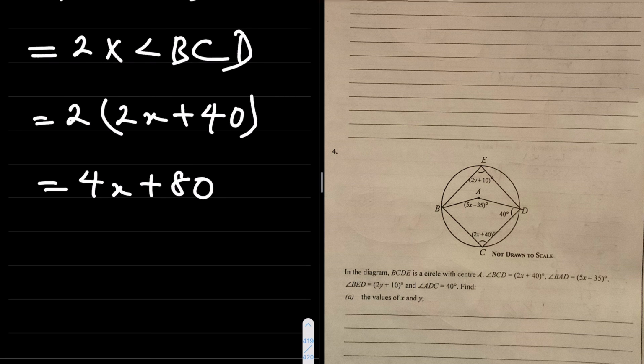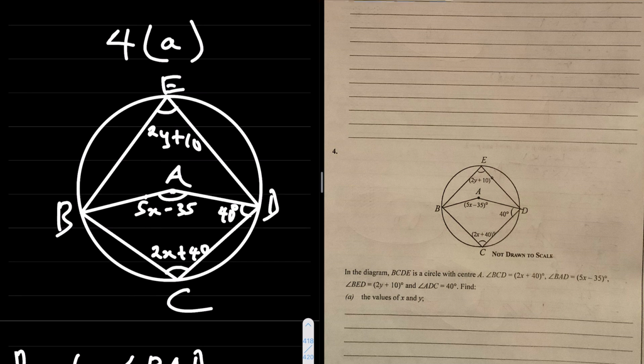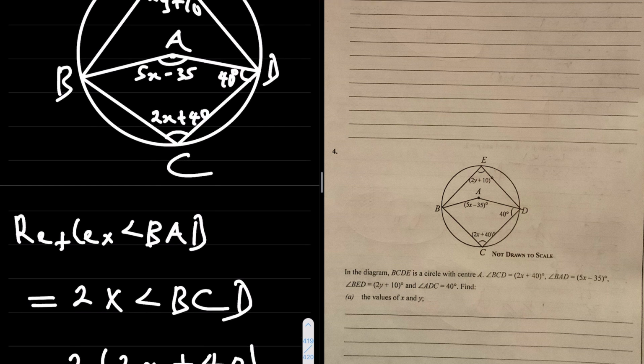Now, if I know this one, then I can find x by adding this and equating to 360 degrees.